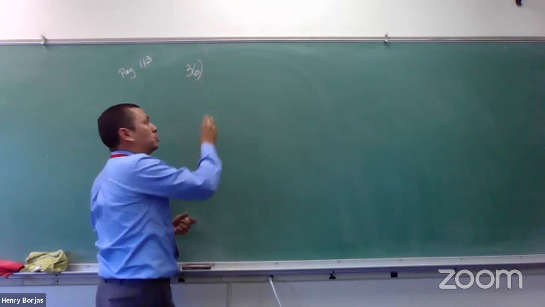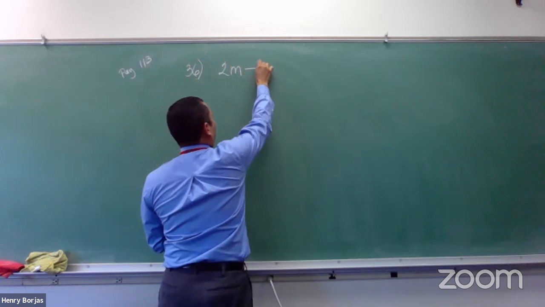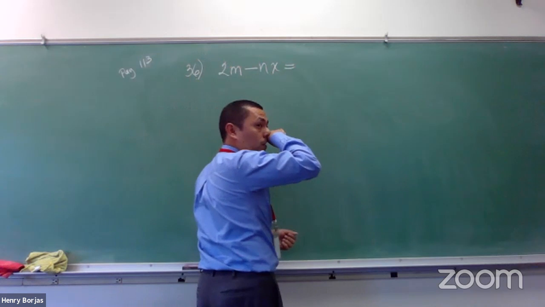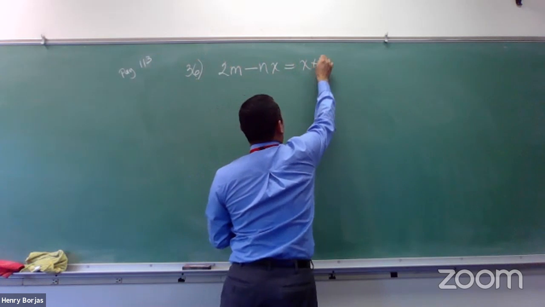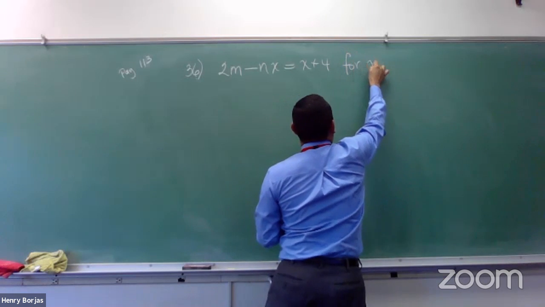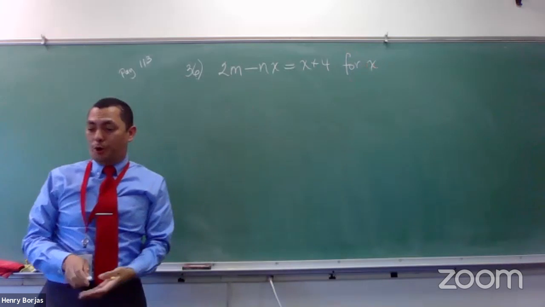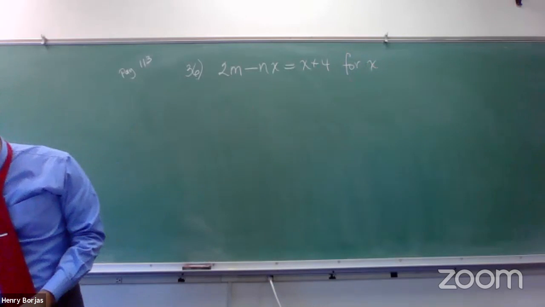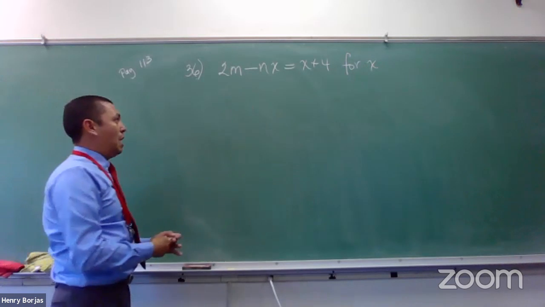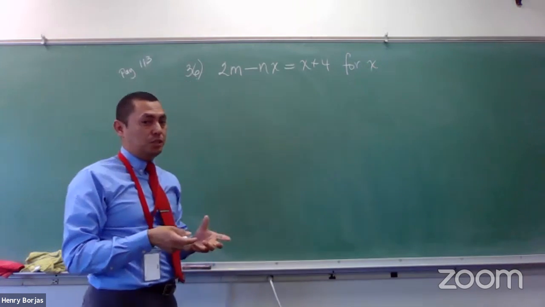So I have 2m minus nx equals x plus 4. When I said 4x, it means the variable that I'm going to solve for. In this case, solve for x. So we need to evaluate the equation.